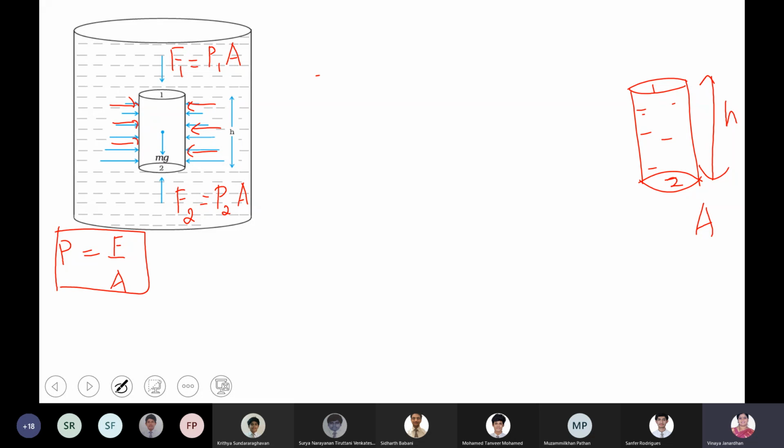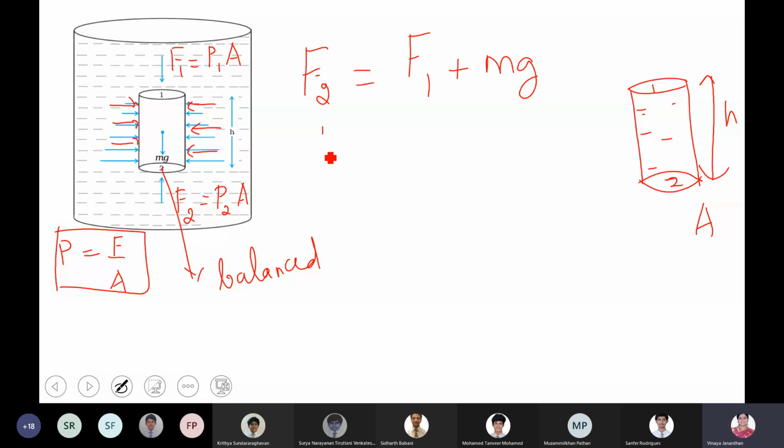The upward force is F2, which must be equal to the total downward force, F1 plus M into G. So if the cylinder is balanced, the total upward force equals the total downward force, or F2 minus F1 equals M into G.